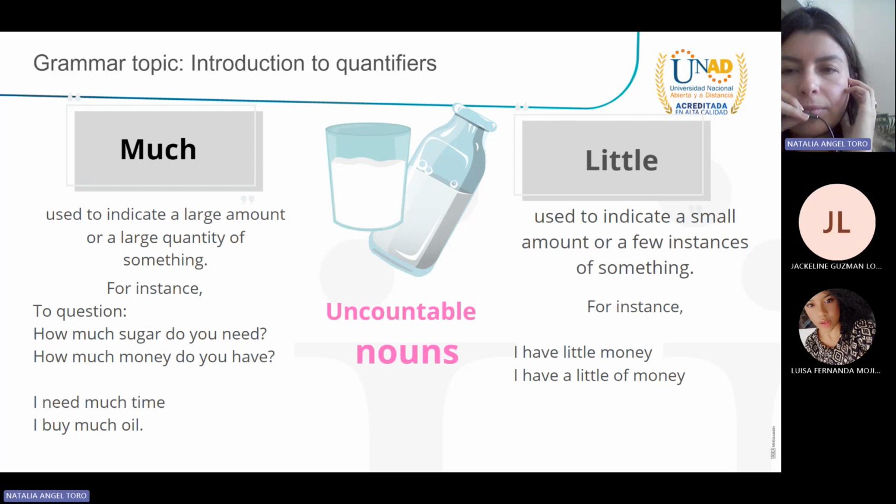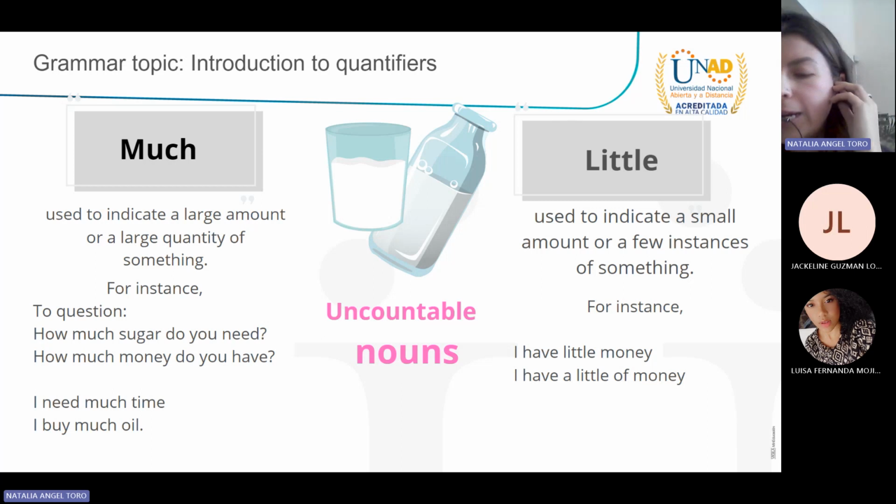Maybe, how much water do you need for the rice? Yeah, how much water? Water is uncountable, and yeah, how much? Okay.